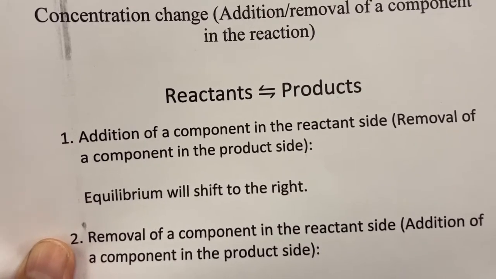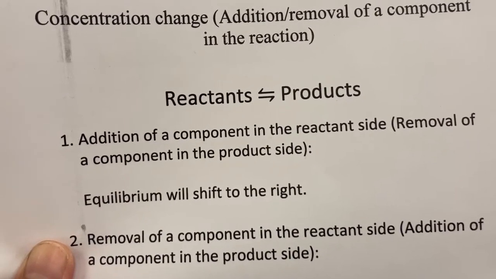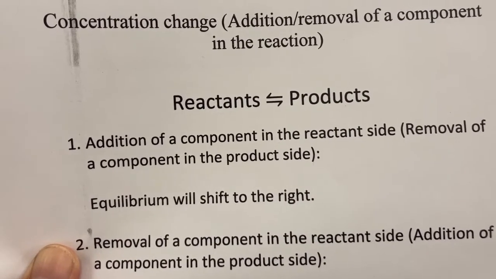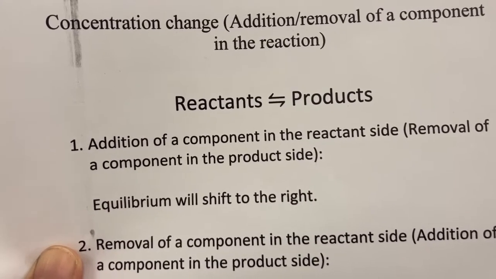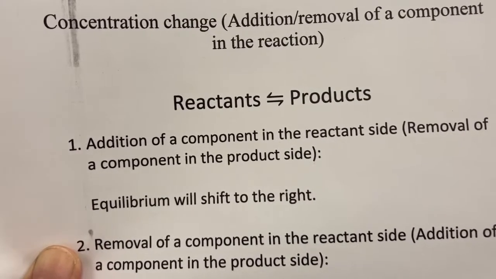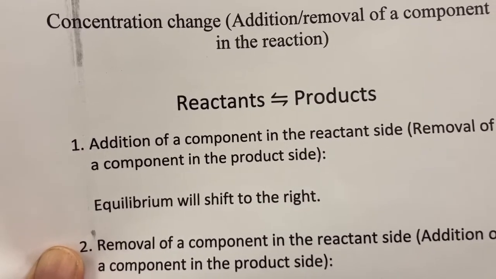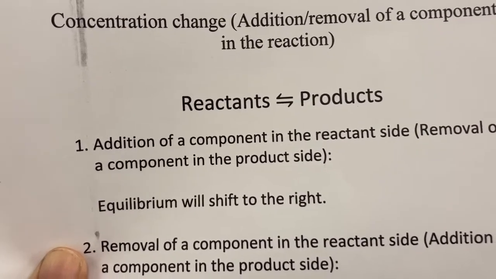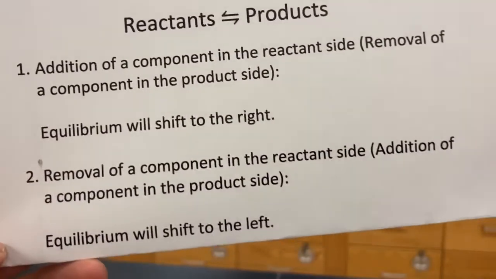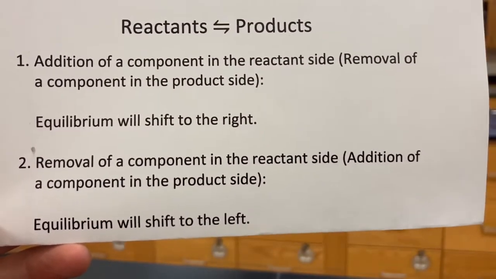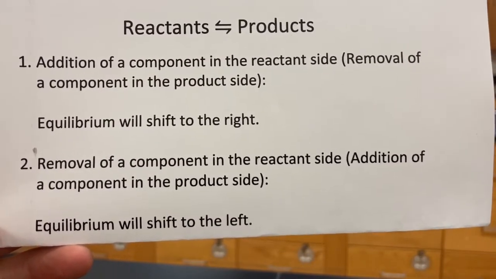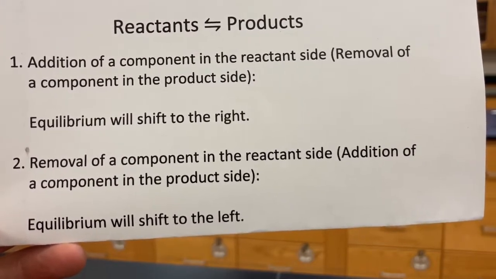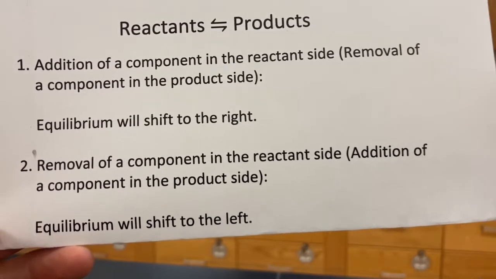Therefore, addition of a component in the reactant side or removal of a component in the product side, the equilibrium will shift to the right to consume the reactant added or to produce the product removed. Similarly, removal of a component in the reactant side or addition of a component in the product side, the equilibrium will shift to the left.